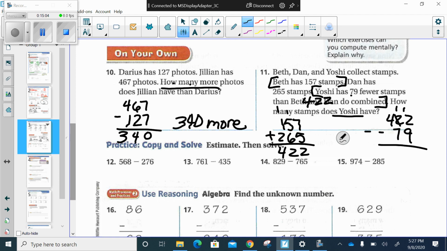So I borrow. 12 minus 9 is 3. 1 minus 7, can't do it. We're going to borrow. So it's 11 minus 7, which is 4. And then 3. Okay, so Yoshi has 343 stamps.